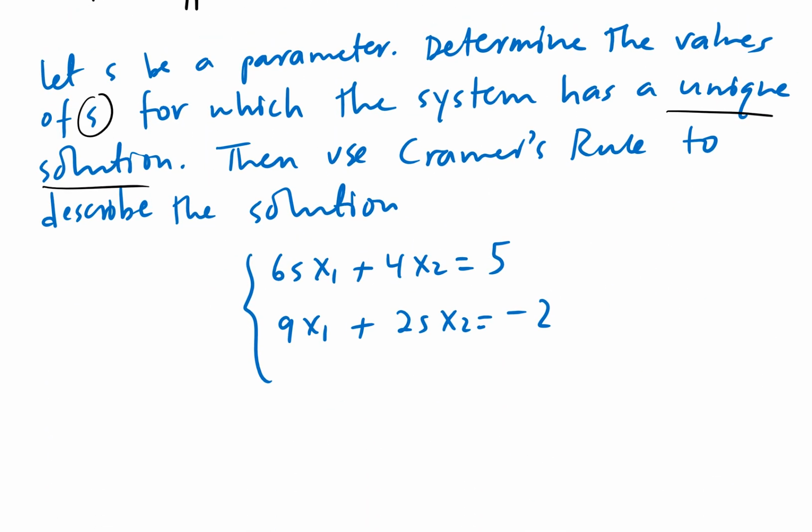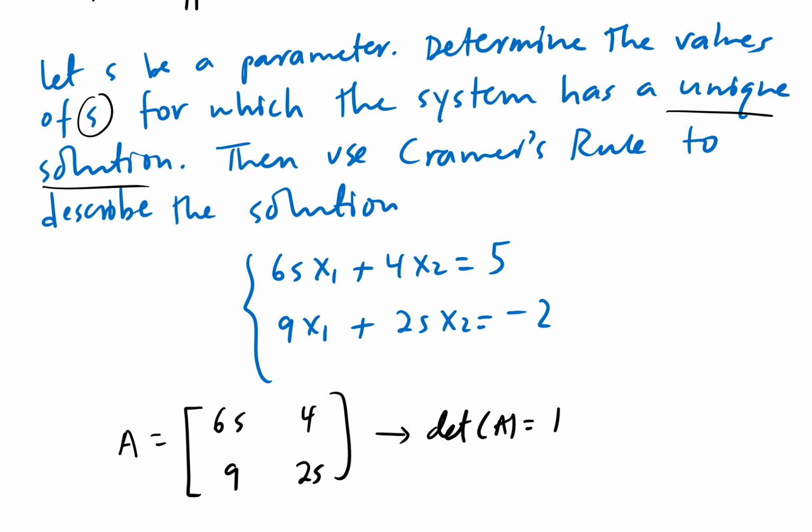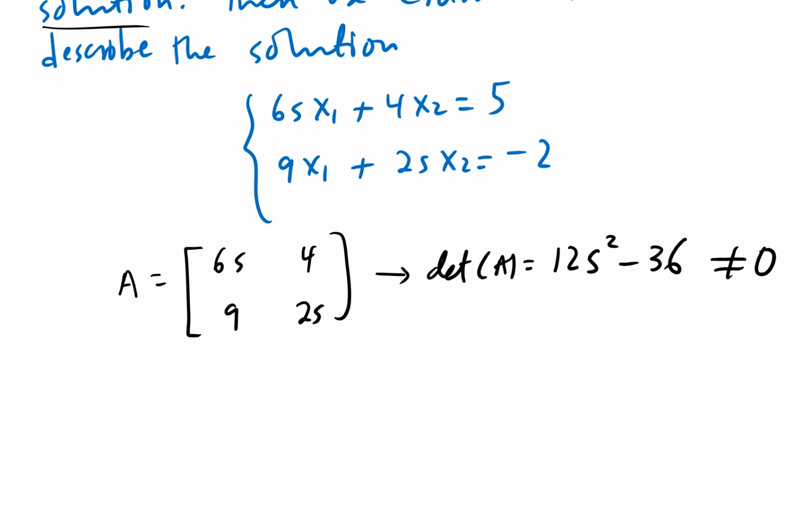So first thing we do, let's form a matrix A with coefficients 6s, 9, 4, and 2s. Then the determinant of A would be 12s squared minus 36. We need to make sure this is not 0. So you can divide by 12: s squared minus 3 is not 0.